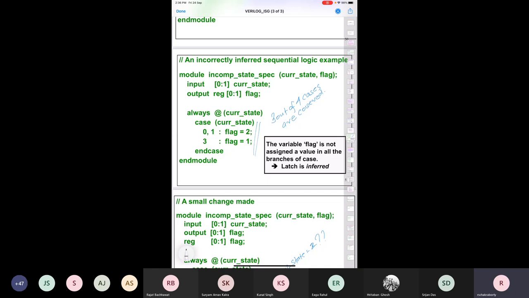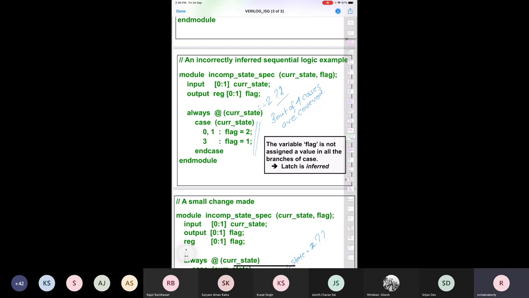So how defensively does it assume? Because the user has not mentioned anything about what to do when car_state is 2, it says: what to do when this is 2 is not known, I will preserve whatever value was there earlier if case 2 happens, because I don't know what to do.